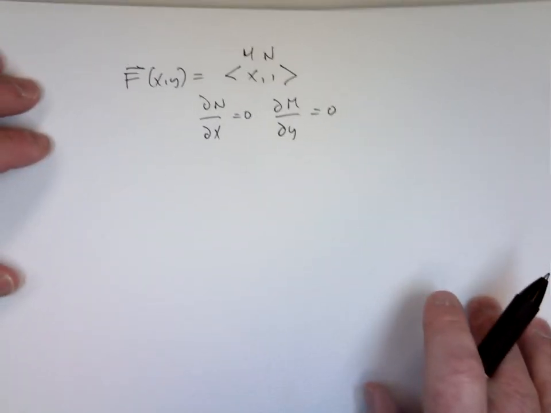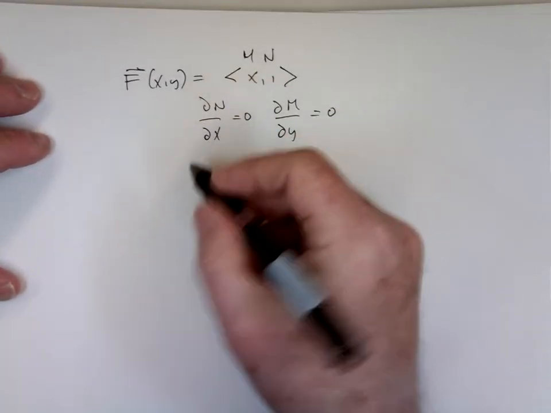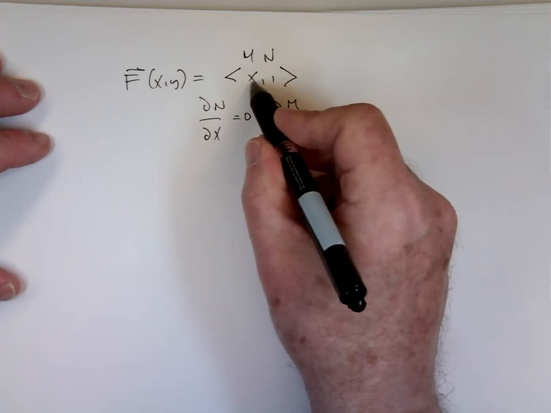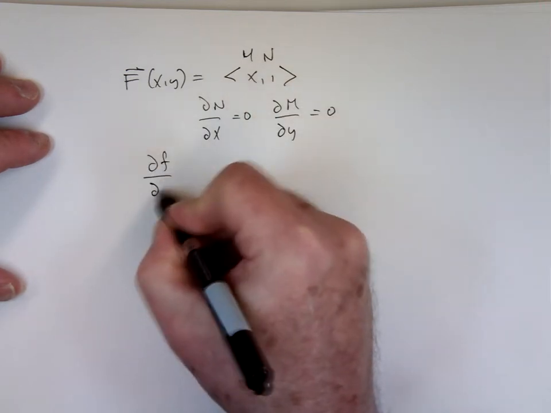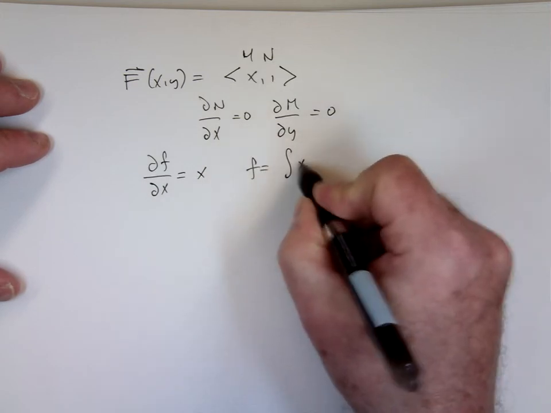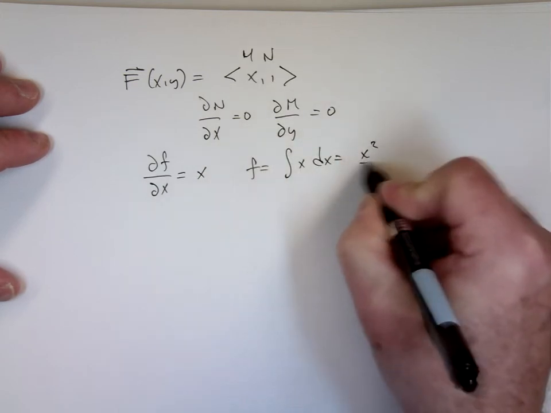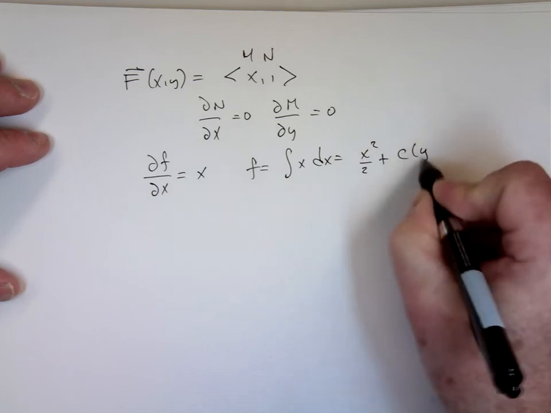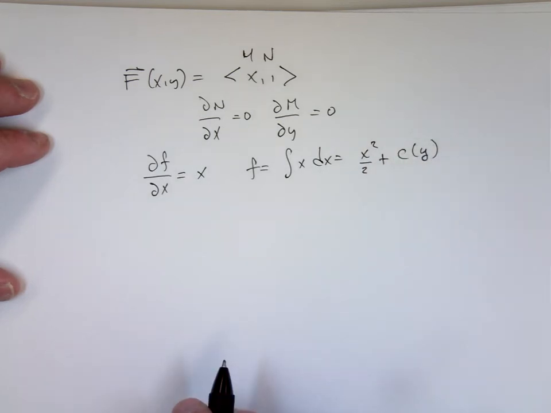So here's what we have. The partial of this function is x. So integrate with respect to x to get x squared over 2. Is this a differential equation? Yeah, it is a differential equation, really.